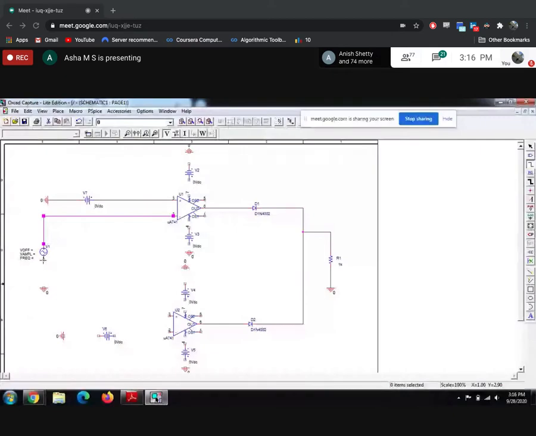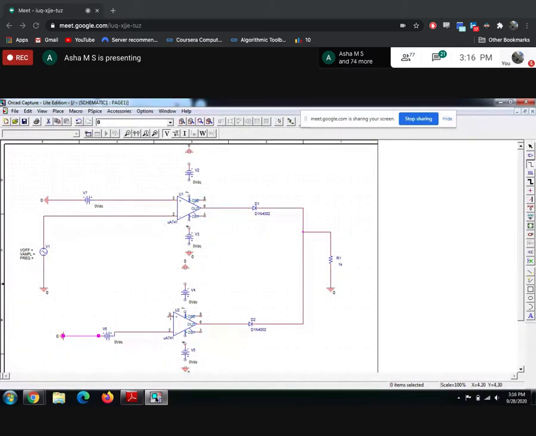The other end of the signal generator is connected to ground. Here pin number 2 is connected to the positive end of the power supply, and the negative end of the power supply is connected to ground.